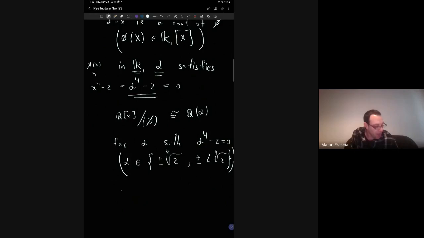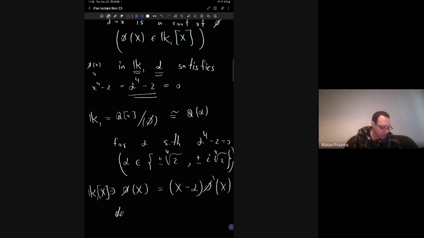And now I consider, so we know that phi of x, this is K1. Now phi of capital X is in K1 of capital X, and we know that it has a root alpha. So it is X minus alpha times some phi prime. Of course, the degree of phi prime must be smaller than the degree of phi.